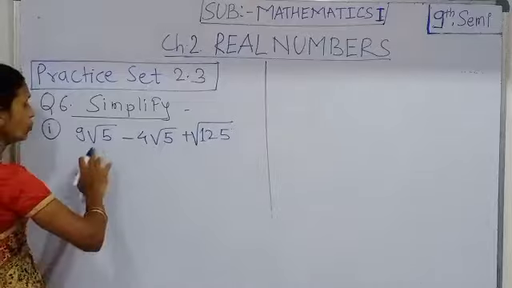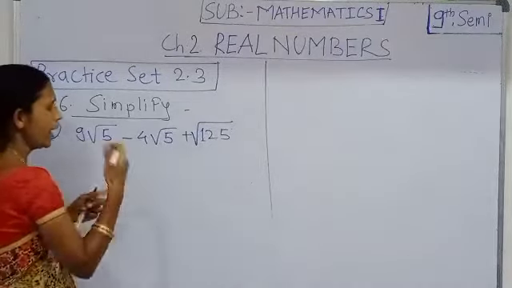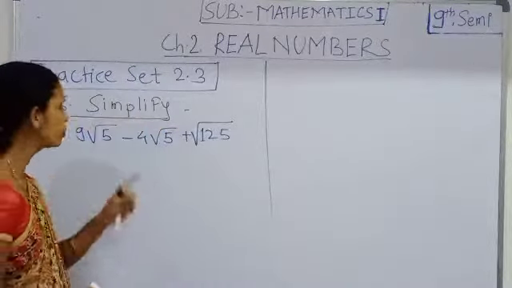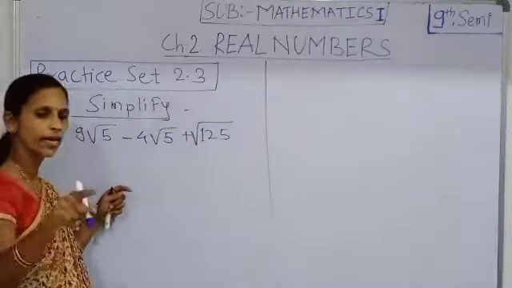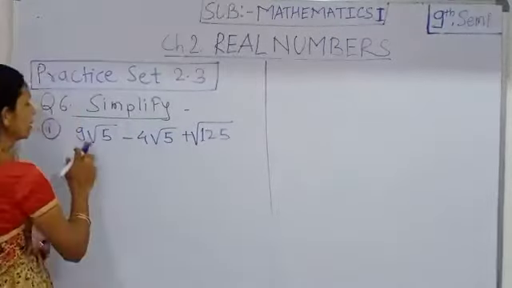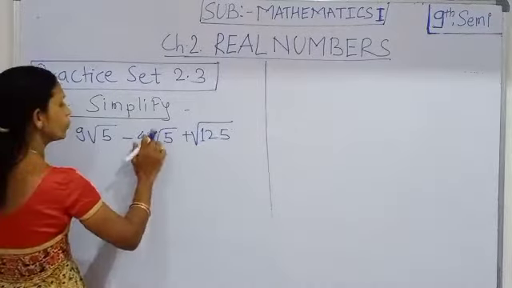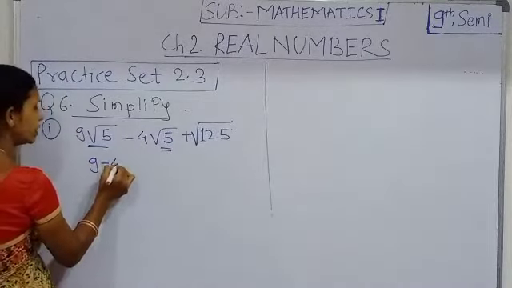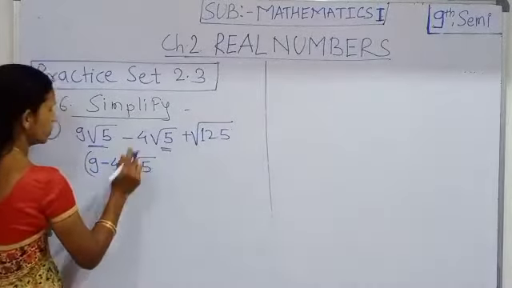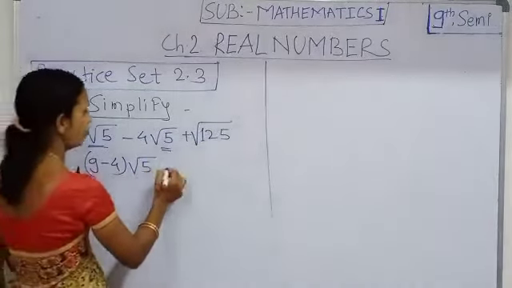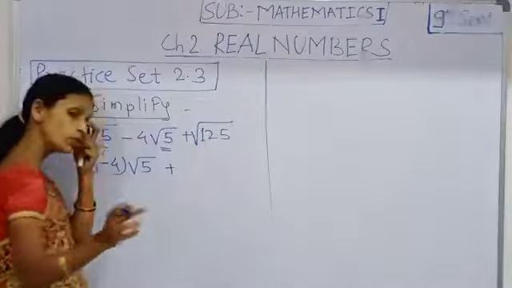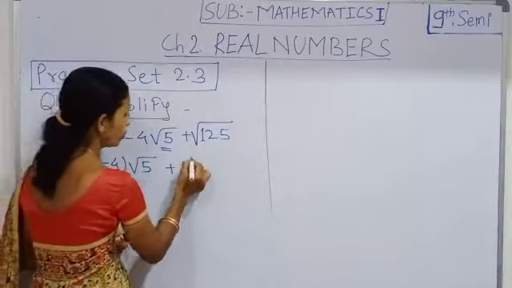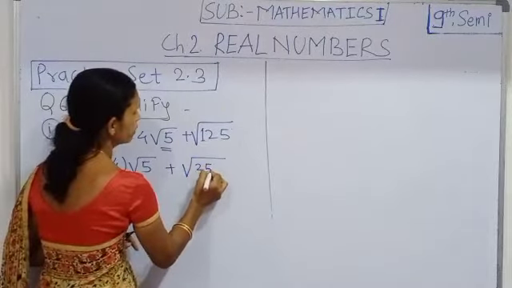While addition or subtraction of surds takes place, we have to convert those surds into like surds. See here, 9 root 5 minus 4 root 5, those are like surds. Therefore 9 minus 4, in bracket, root 5, plus root 125, which we have to convert into its simplest form. Therefore 125 means 25 into 5.